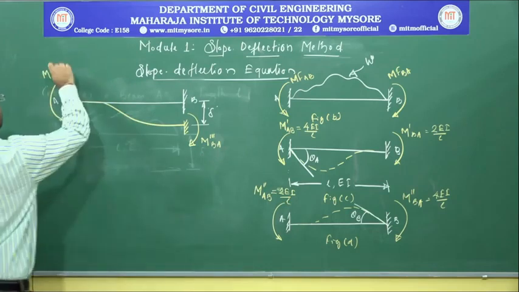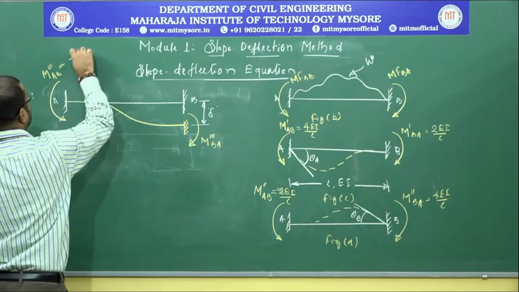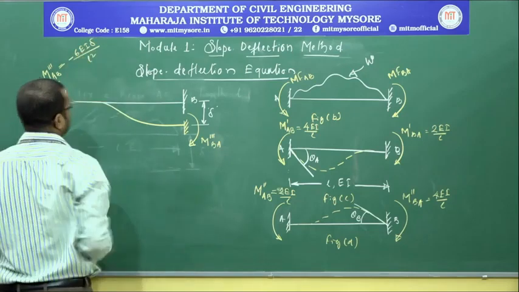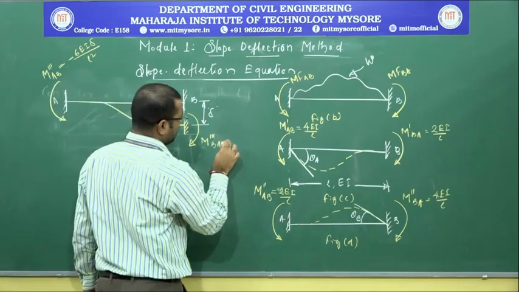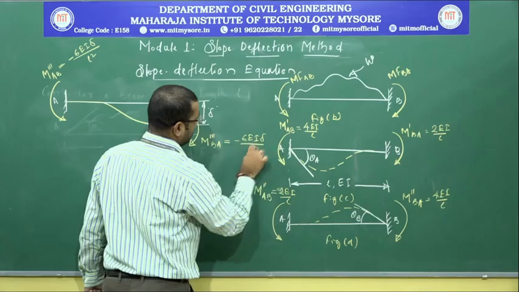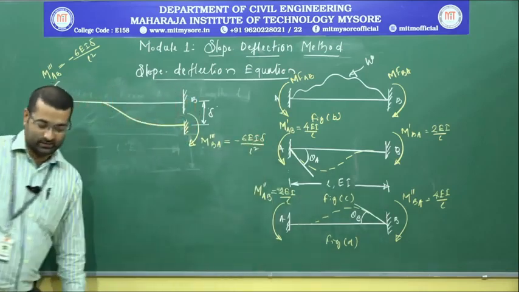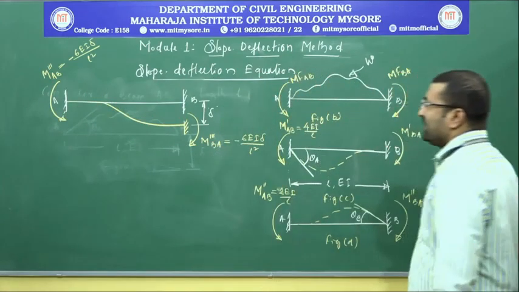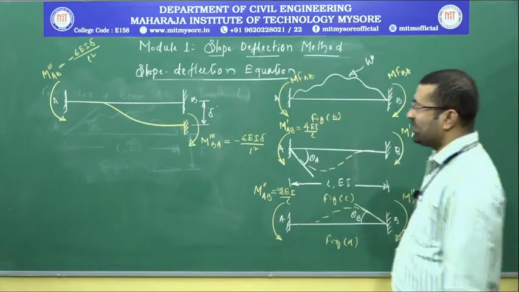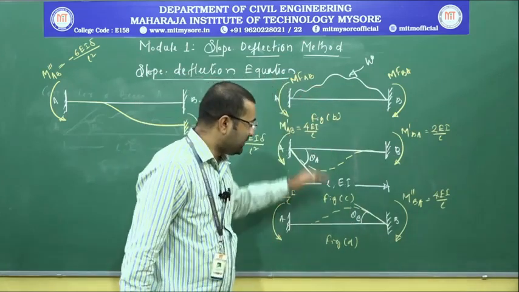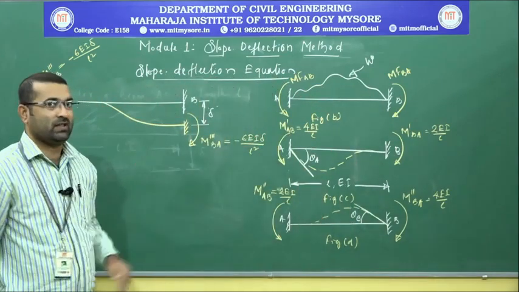So we know that it is minus 6 EI delta by L square, and this is also minus 6 EI delta by L square. So the final bending moment in any beam as per the slope deflection method is the summation of all these 4 individual cases.